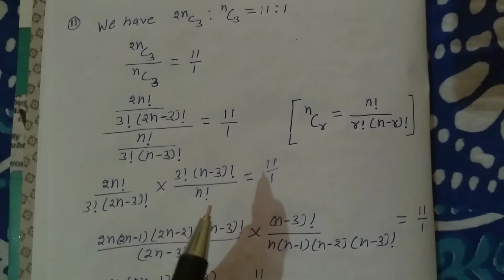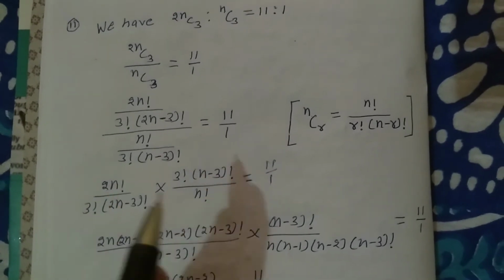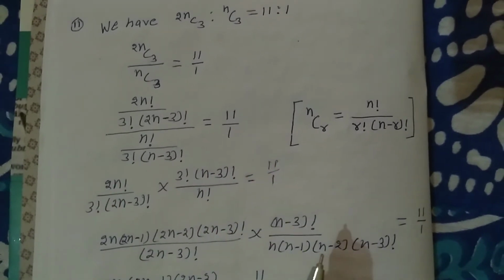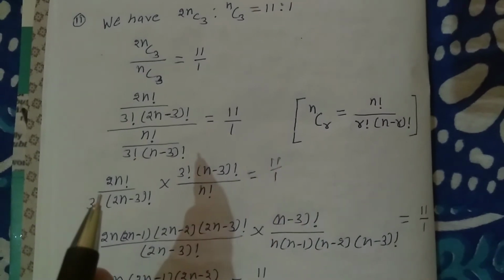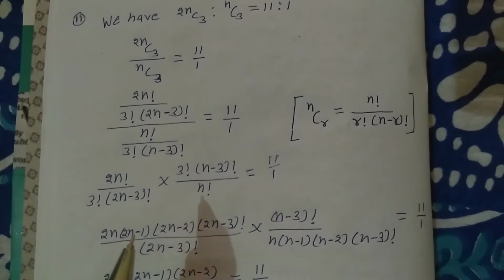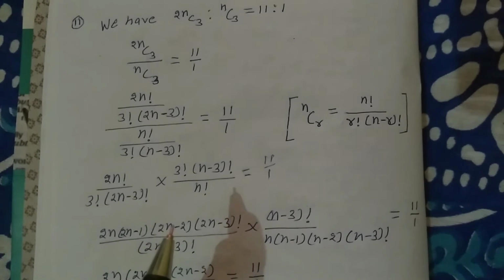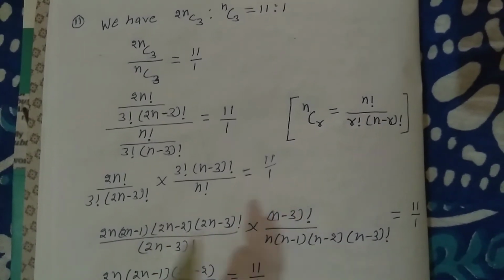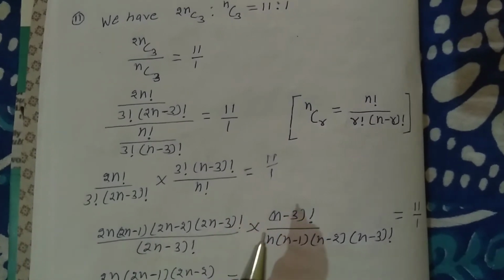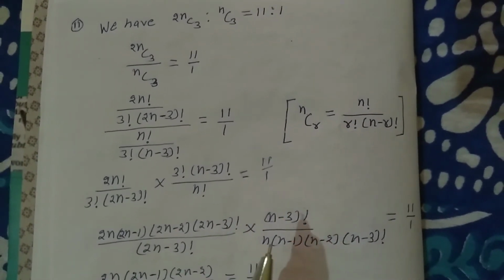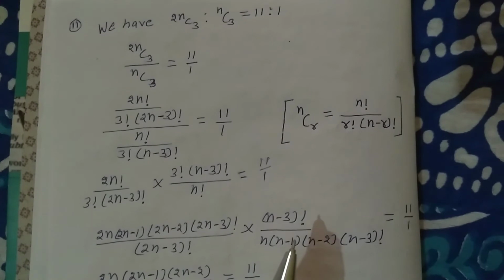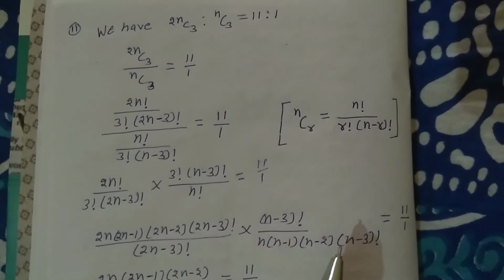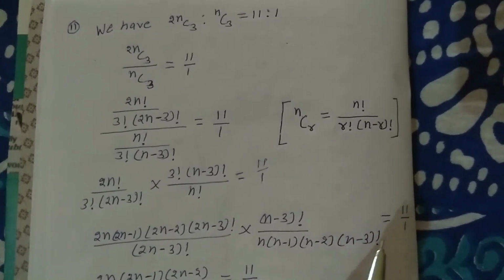(2n)! is expressed as this, and n! is expressed as this. 3! and 3! cancel out. So 2n(2n minus 1)(2n minus 2)(2n minus 3)! upon (2n minus 3)! into (n minus 3)! upon n(n minus 1)(n minus 2)(n minus 3)! is equal to 11 upon 1.